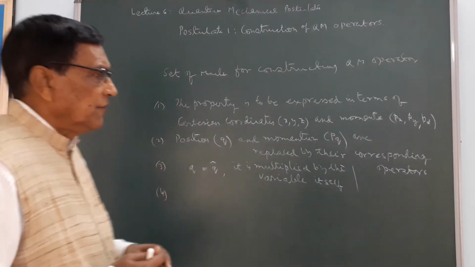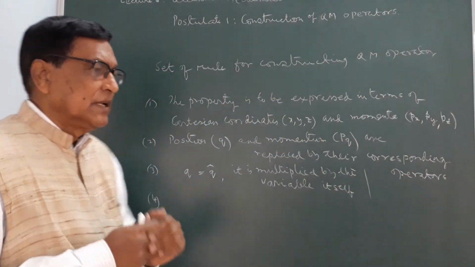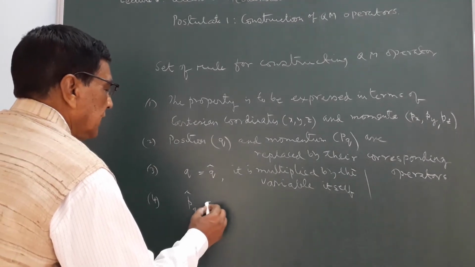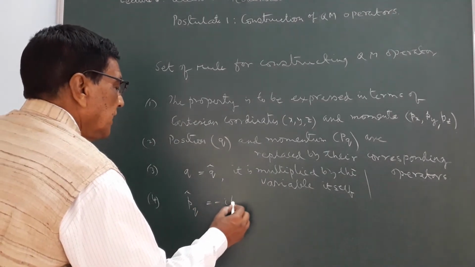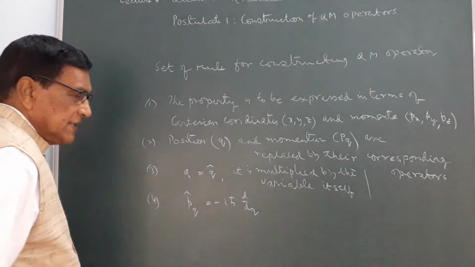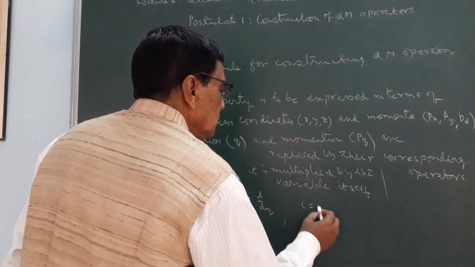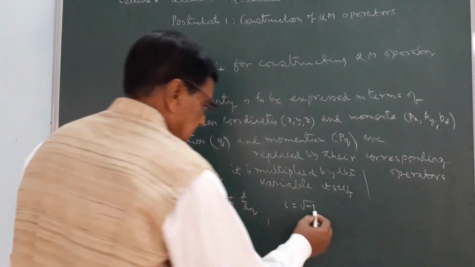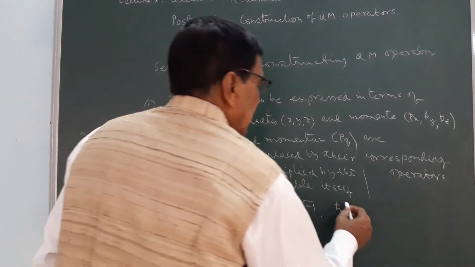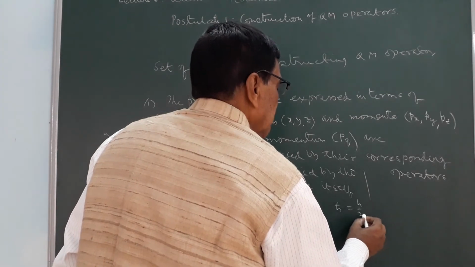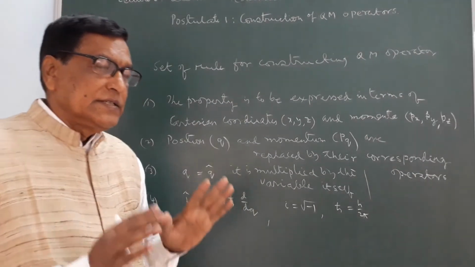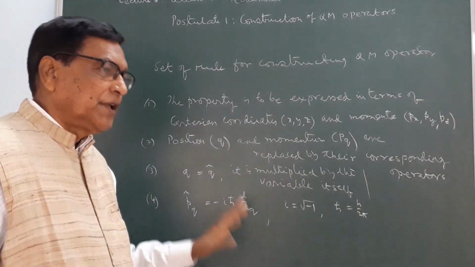the operator for this momentum is expressed, say pq cap equal to minus i h cross d/dq. i is the iota, i equal to root over of minus 1, and h cross is the reduced Planck's constant, equal to h by twice pi, and this d/dq is the first derivative with respect to q.